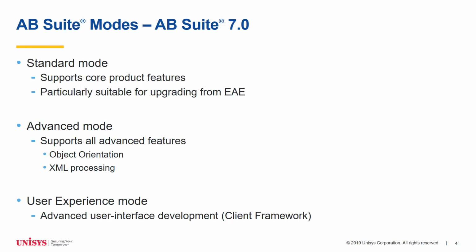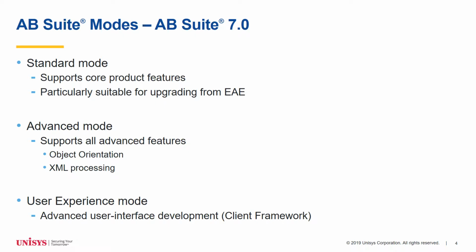Now in AB Suite 7.0, we have formalized and consolidated these modes to produce the set of 3 distinct modes that we will take forward in the product. These are referred to as Standard Mode, Advanced Mode, and User Experience Mode. Standard Mode supports the core product features only.